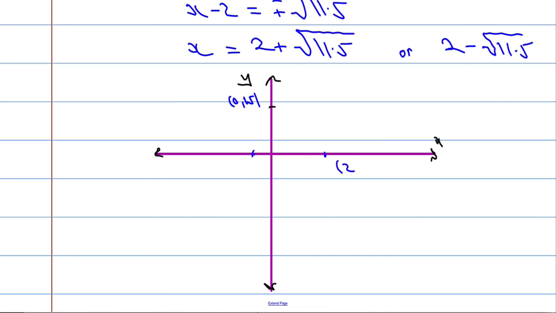So this is 2 plus root 11.5. Once again, root 9 is 3, root 16 is 4, so this is going to be something between 5 and 6 when I add 2 to it. Here, this is something between 3 and 4. When I take it away from 2, it's going to be negative, so it's going to be over here. This is 2 minus root 11.5.